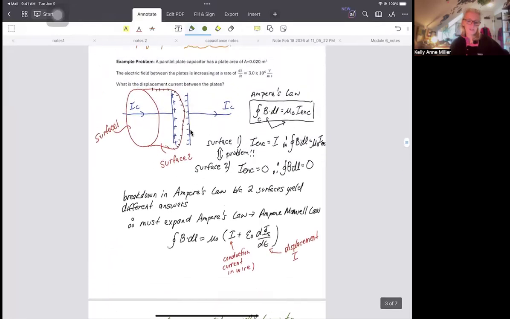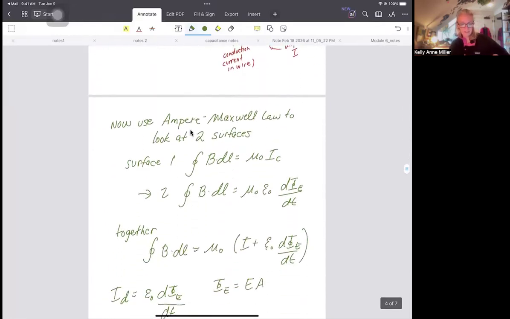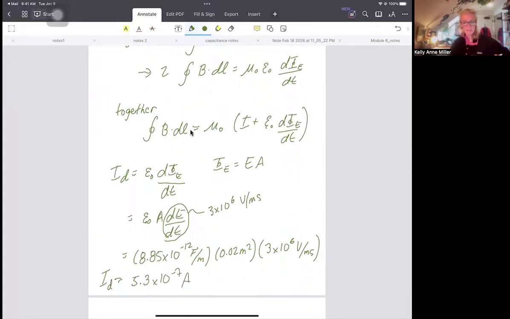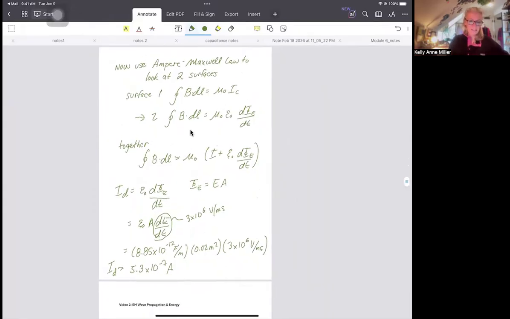This is just 3 times 10 to the 6 volts per meter second. I multiply that out and I get amps. So the displacement current is 5.3 times 10 to the negative 7 amps. Okay, and that's the answer.